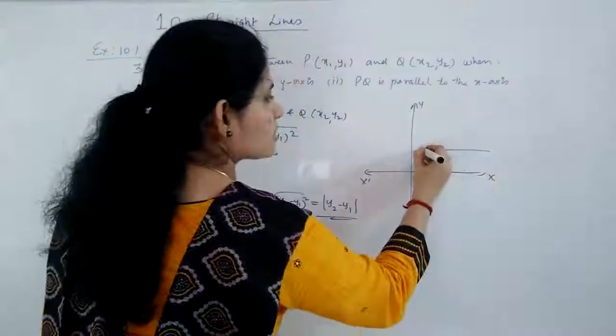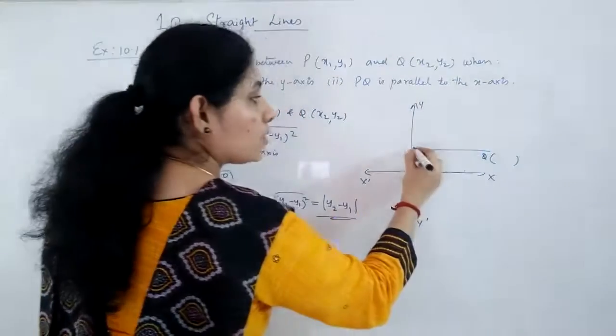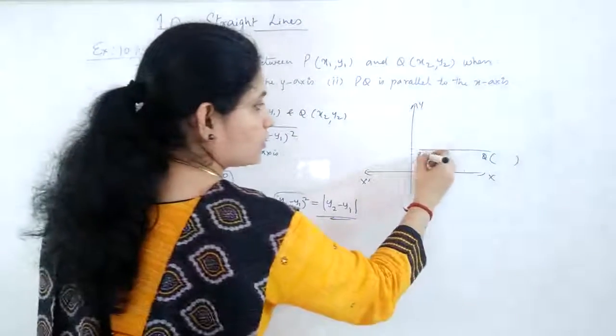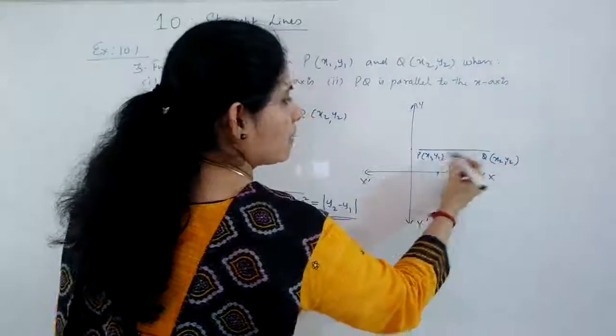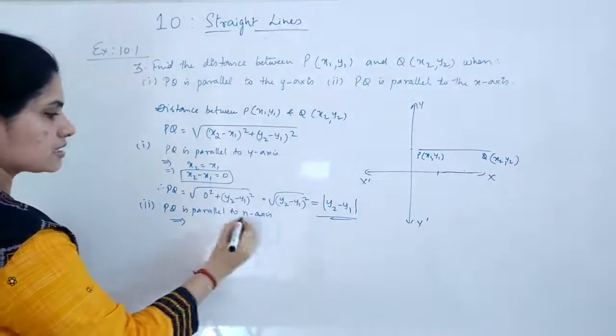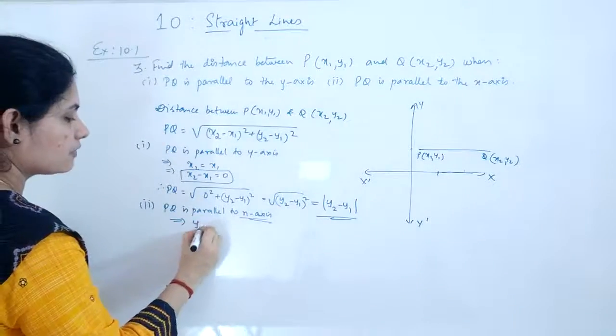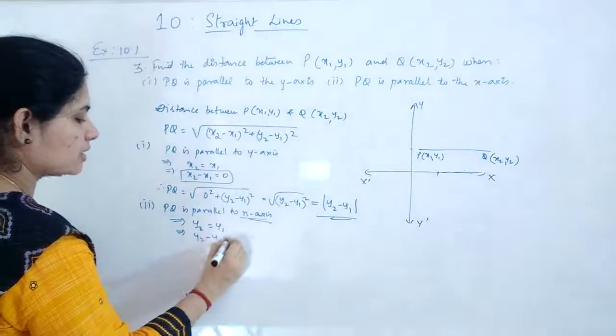It is parallel to, it can be anywhere, okay, parallel here or here. But the thing is, if this is P and this is Q, the y coordinate will be same. So if you have P as x1 y1 and Q as x2 y2, y1 should be equal to y2, right? So this implies, since it is parallel to x-axis, y2 is equal to y1, or this will give you y2 minus y1 is equal to 0.